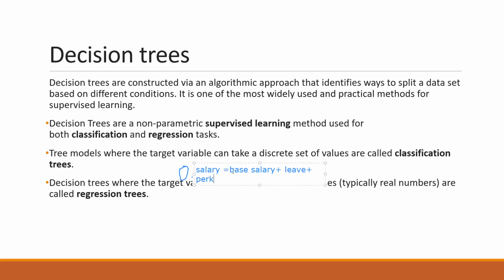When we add all these values, we'll get a real number, because the salary of a person is always in numbers. This type of calculation is basically called regression, where there are variables, and on the basis of these variables the target value is calculated. I hope it is clear what decision trees are and how they are classified.